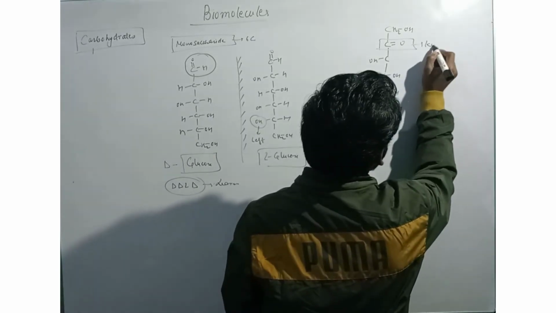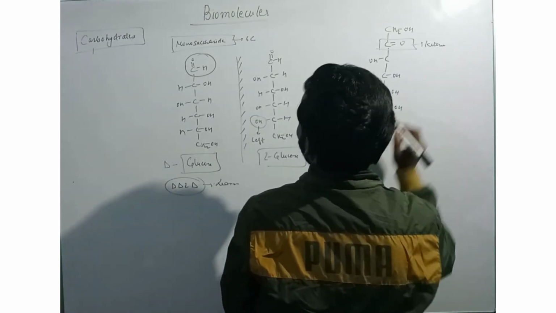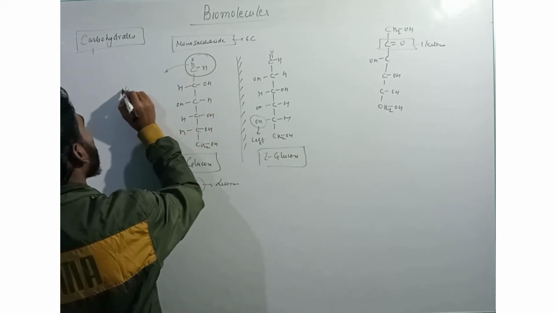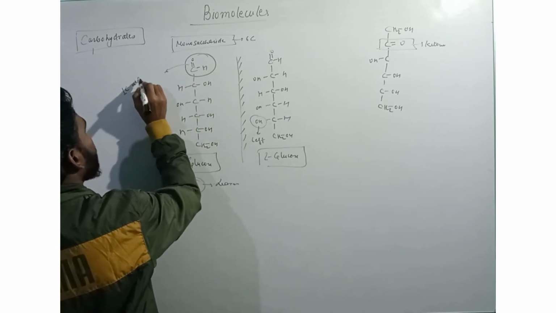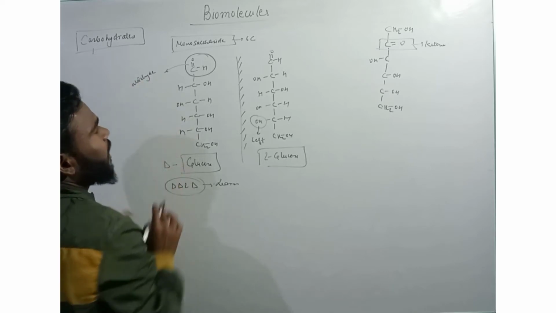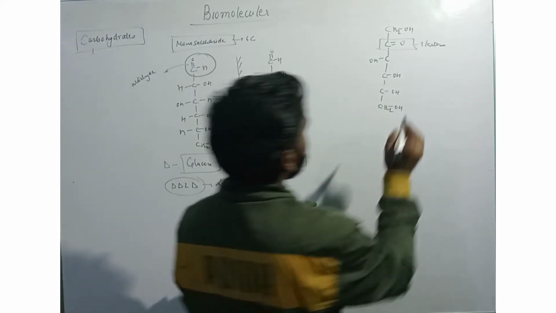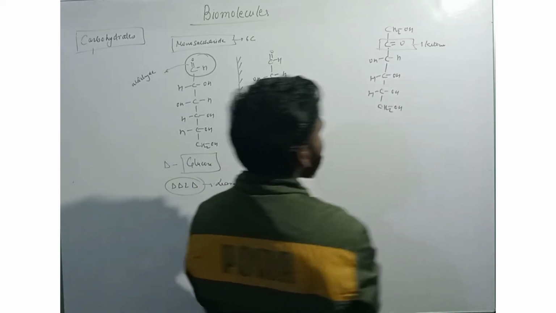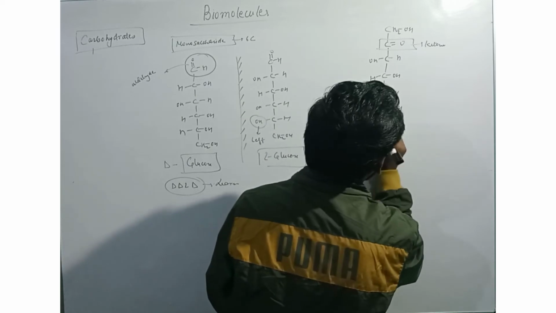Please do remember, but when talking about glucose, the aldehyde is in the first carbon. In the first carbon, aldehyde is present. Now, this is the structure of fructose.